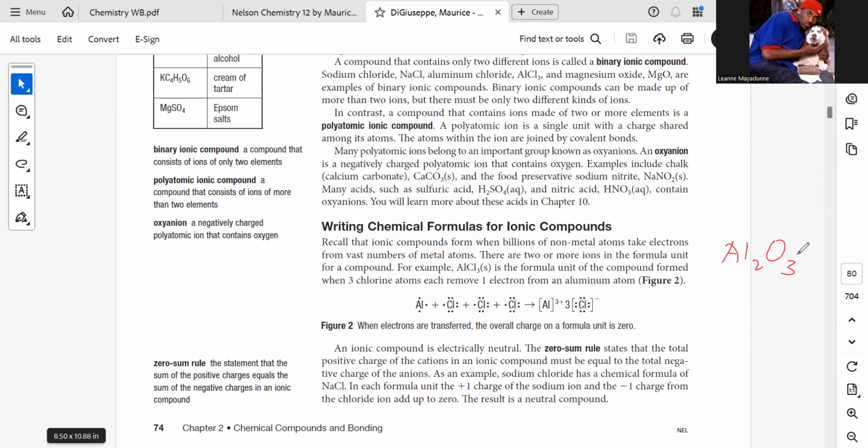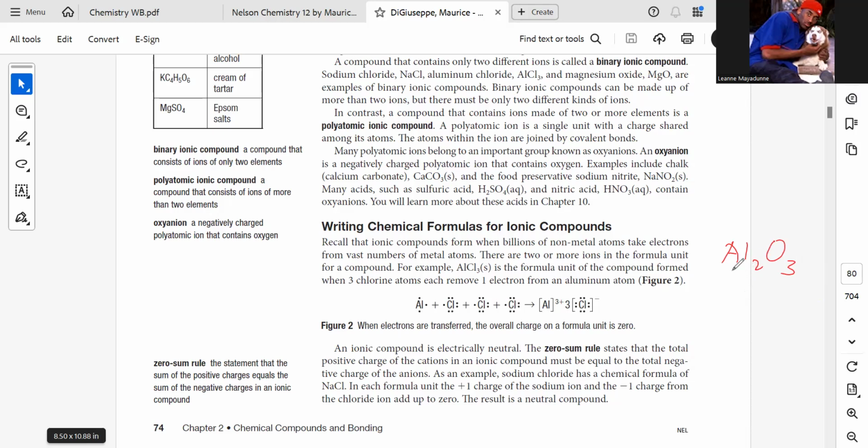So aluminum will give its electrons. Wait, no. Sorry, can you be louder? I'm just asking, do you know how to identify the charges on them? You don't have to draw them. It shows on the periodic table, I think.